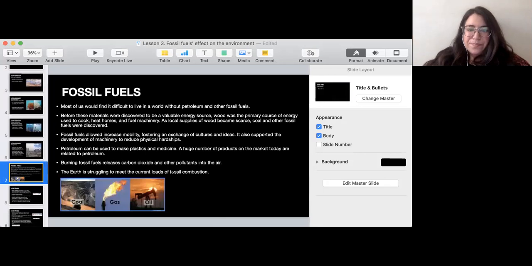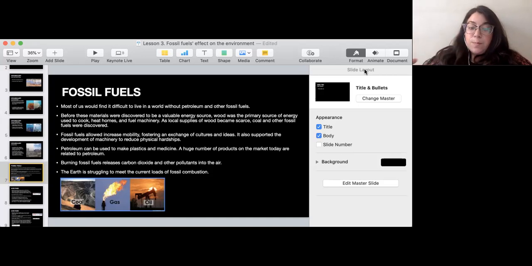Most of us would find it really difficult to live in a world without fossil fuels because our life is built upon them in all of their materials. Before, people would use a lot of wood, but since the population began growing, local supplies of wood became scarce, and then fossil fuels were discovered and started to be used more.